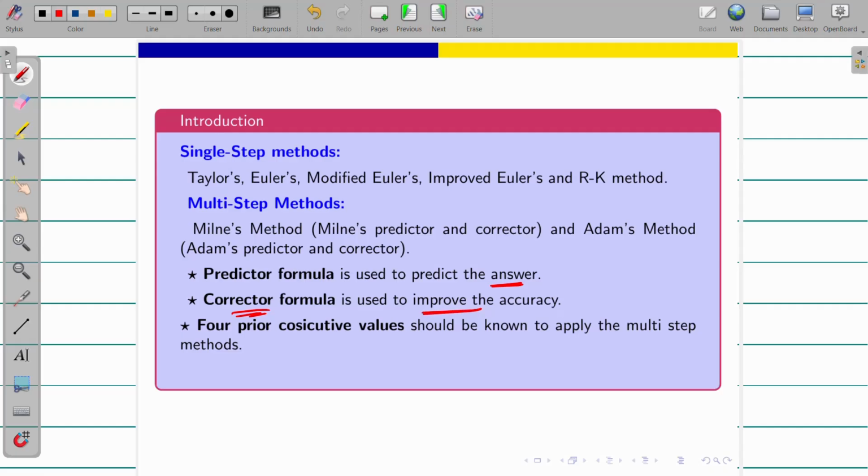That's it. So here are two steps. In the first step, the predictor formula, we predict the solution. In the second, the corrector formula, we improve the accuracy. That's why we call this multi-step methods.